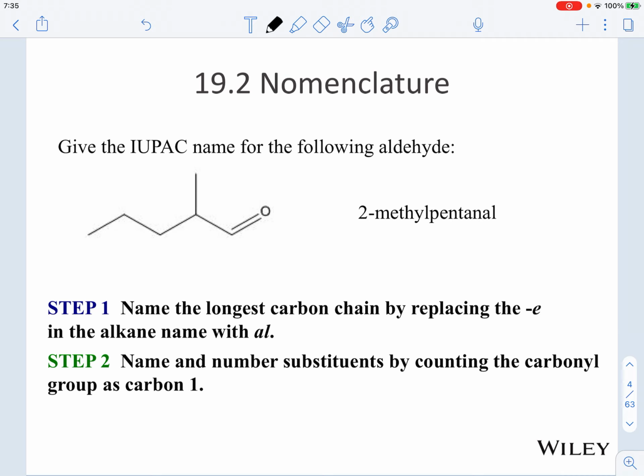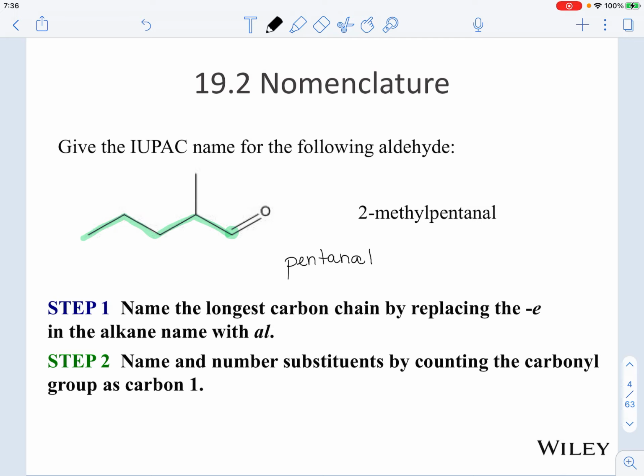So for example, the skeletal structures that we have in the following slide, if I highlight the longest carbon chain, will be 1, 2, 3, 4, 5 carbon atoms in a row. The alkane name is going to be pentane, and we're going to replace that E by Al. So the name of this aldehyde is going to be pentanal.